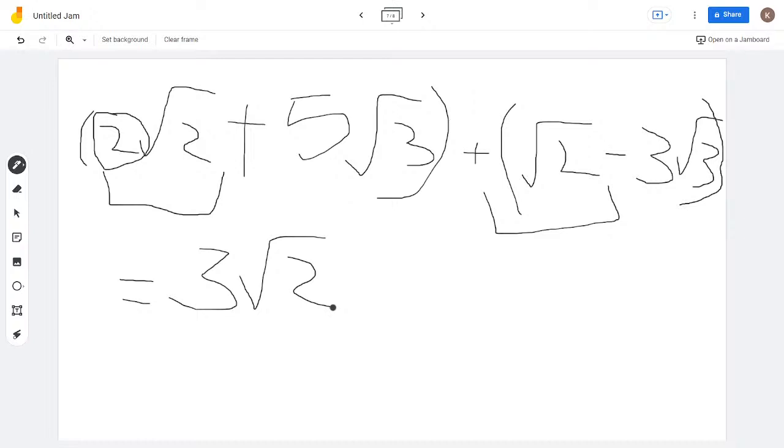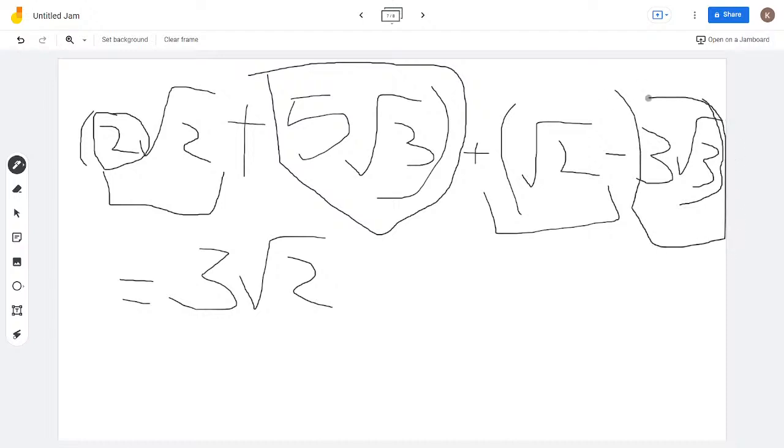Similarly, the terms containing root 3 are 5 root 3 and minus 3 root 3. 5 root 3 minus 3 root 3 is equal to 2 root 3, just like 5x minus 3x is 2x.